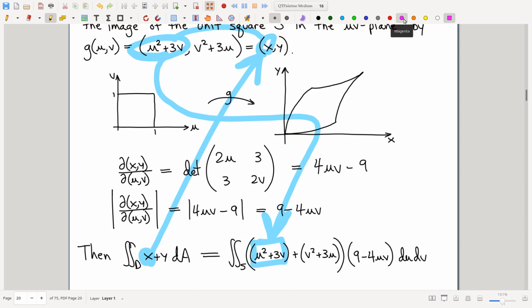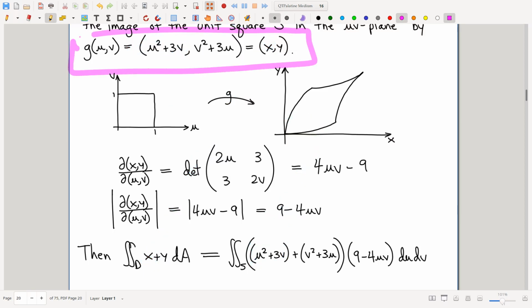Very often students forget, wait, what do I do with the X? What do I do with the Y? Don't forget, the change of variables function itself is the instructions for what to do as you plug in. So make sure you have an unambiguous, clear and crisp understanding of what your change of variables function is. That tells you how to do the plugging in portion of the process.